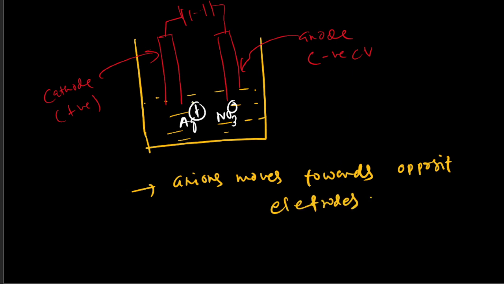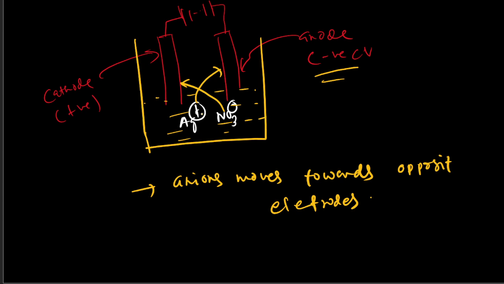Ag plus cations will move towards the opposite electrode, which is the anode. NO3 minus will move towards the opposite electrode, the cathode. Due to this movement of ions present in the solution, they are able to complete the circuit and electricity will flow.